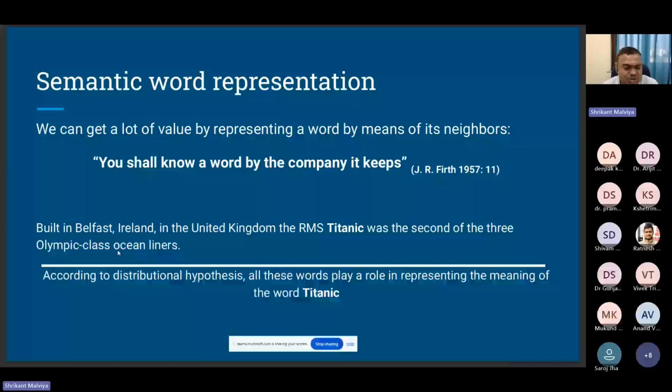According to this distributional hypothesis, all these words play a role in representing the meaning of the word Titanic. So if any representation method follows this criterion and uses the contextual or neighboring information to represent the word, it will be more meaningful and useful for various applications.